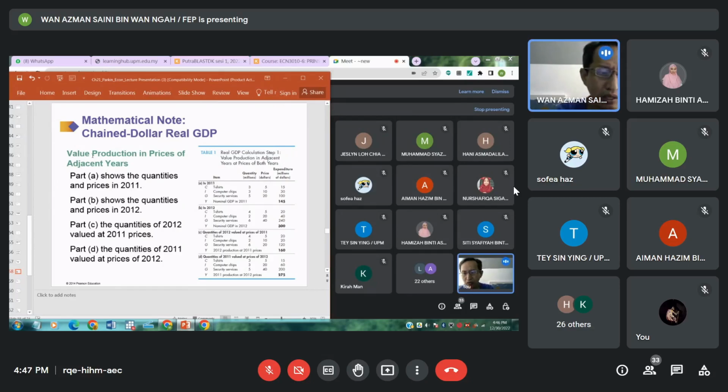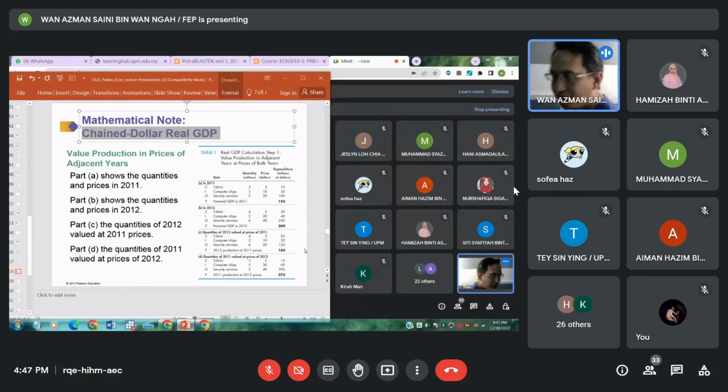So this is a new measure, a new approach, chained-dollar real GDP, in which they make adjustments, right? They differentiate an increase in price because of inflation from an increase in price because of improvements in the quality of goods. Smartphones, for example, the price of Apple iPhones keeps on increasing, but the higher price is required for better quality.